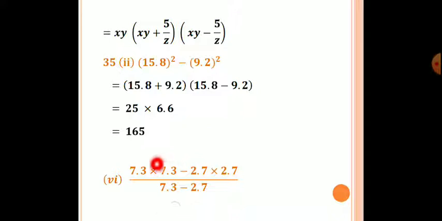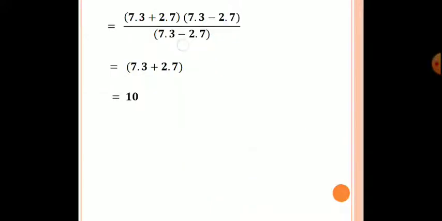Question number 35, part 6. We have 7.3 into 7.3, which we can write as 7.3 whole square, minus 2.7 into 2.7, which can be written as 2.7 whole square, divided by 7.3 minus 2.7. So the numerator is in the form of a square minus b square. So we can write it as a plus b and a minus b.